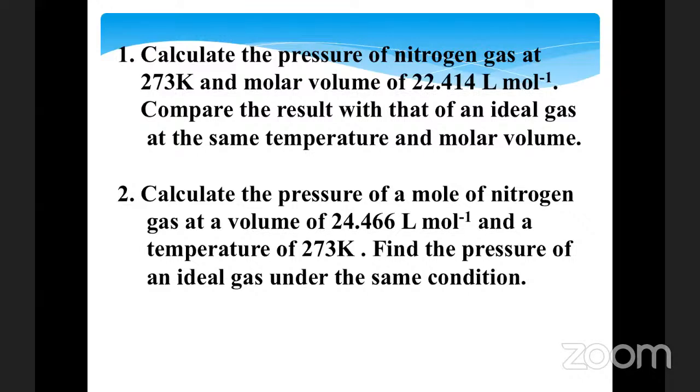Whatever you get, you solve using ideal gas equation, and then you compare the results and see the difference. Now, the second one says, calculate the pressure of a mole of nitrogen gas at a volume of 24.466 liter per mole and a temperature of 273 Kelvin. Find the pressure of the ideal gas under the same condition.